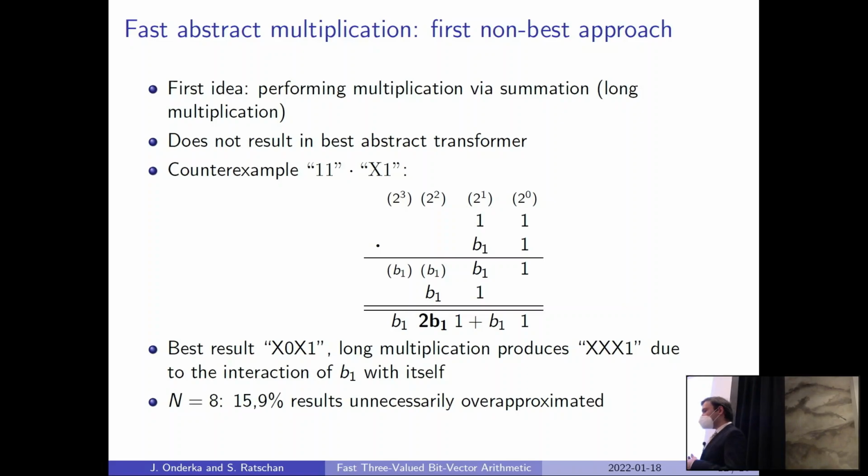But the summation no longer knows that both B1 are dependent on each other. So it produces x1, where the best result should be x0, x1. If you look at it for 8 input bits, we can compute that about 16% of results are unnecessarily over-approximated. So what can we do with this?